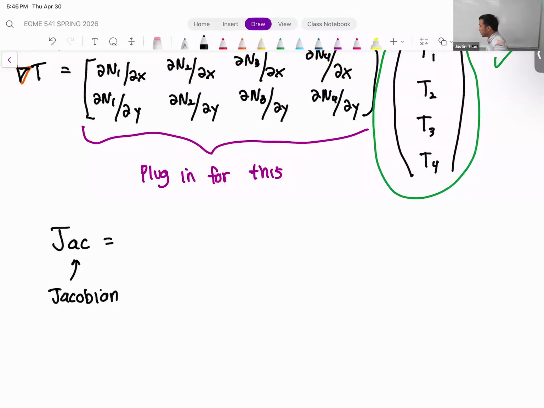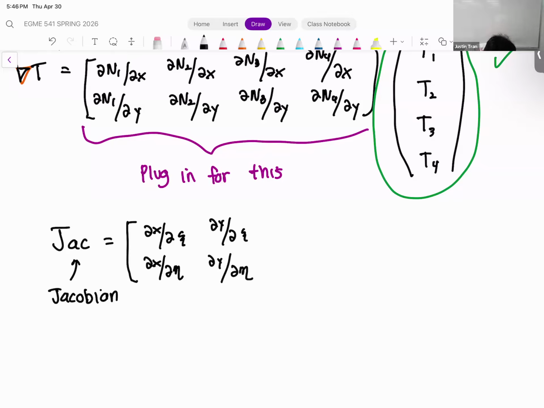The Jacobian has the derivatives of our spatial coordinate functions: partial x partial epsilon, partial y partial epsilon, partial x partial eta, partial y partial eta. This is something you can compute right away, because it only depends on the nodal positions.